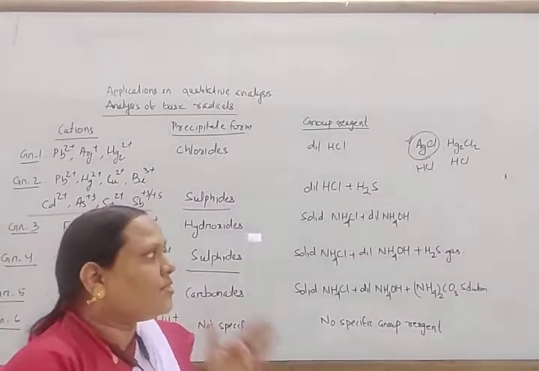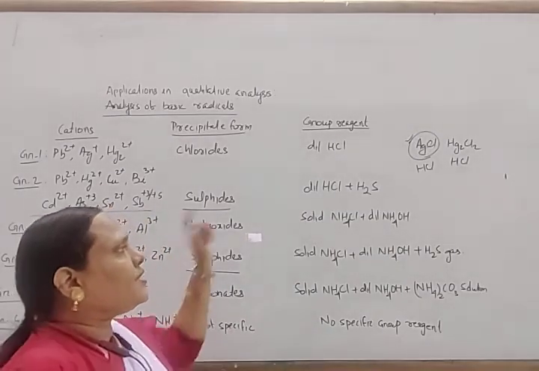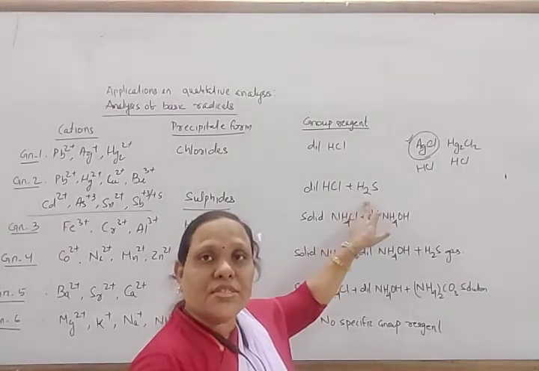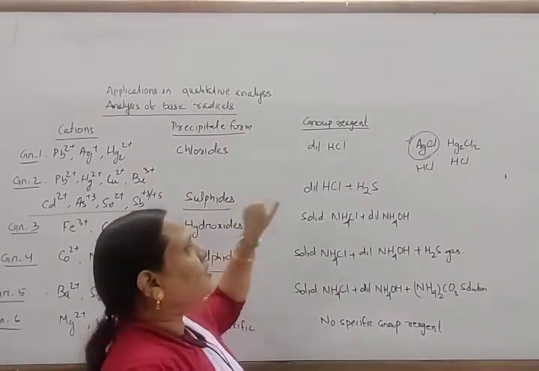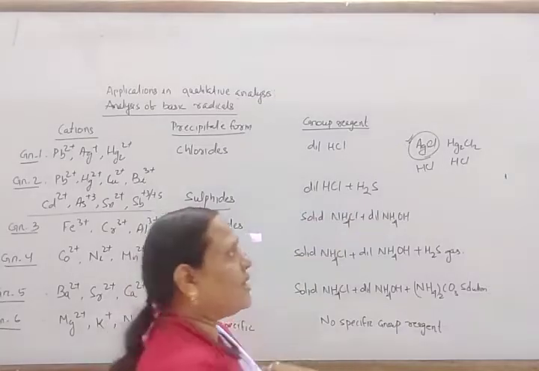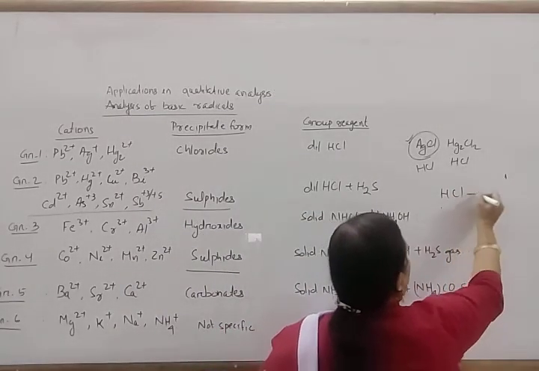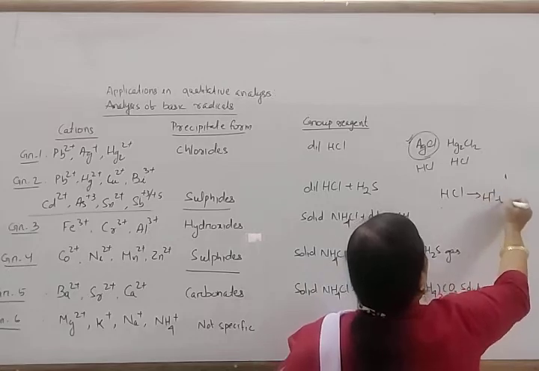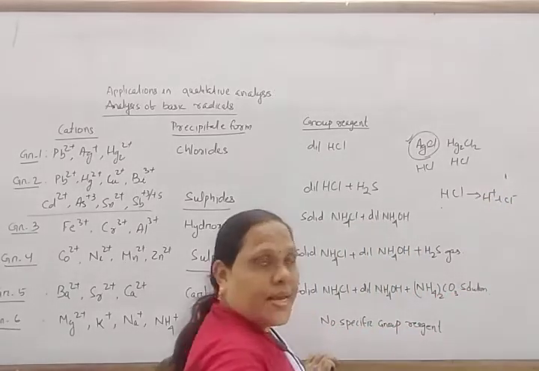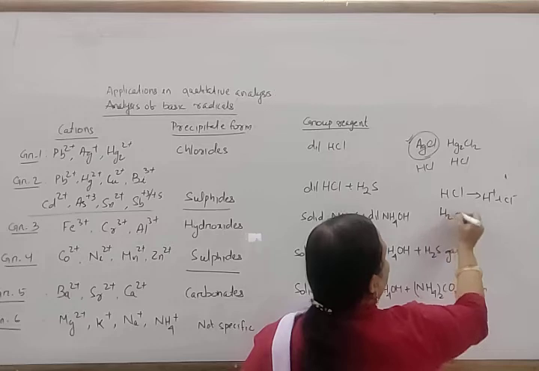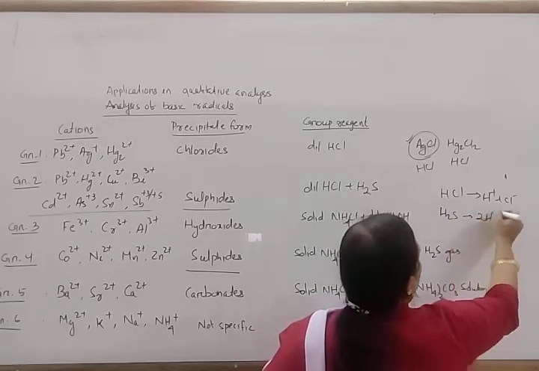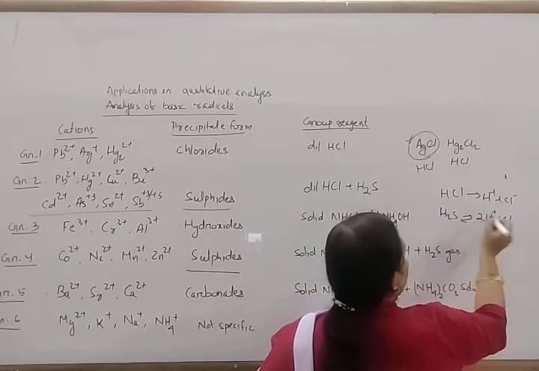So to get the lower concentration of sulfide ion, before passing hydrogen sulfide gas, these solutions are treated with dilute HCl. HCl gives rise to H plus and Cl minus, and H2S gives 2H plus and S minus 2.